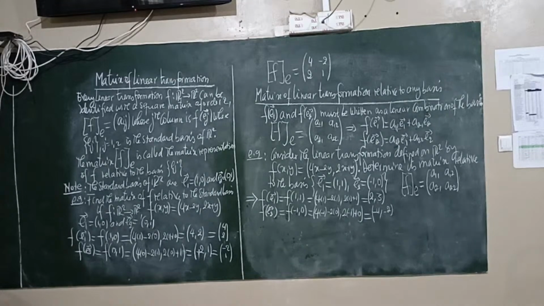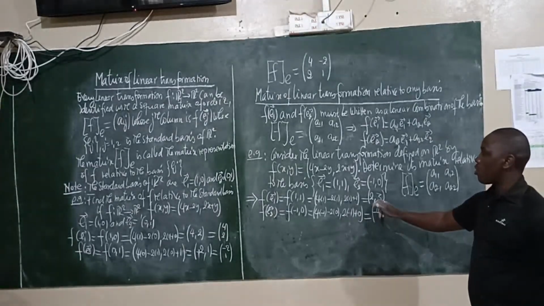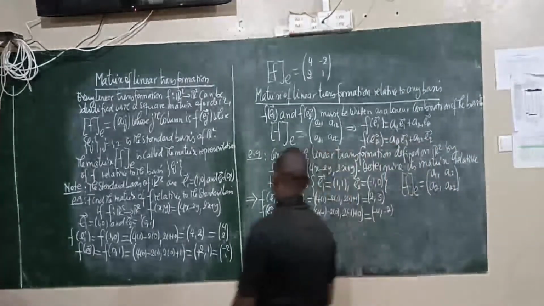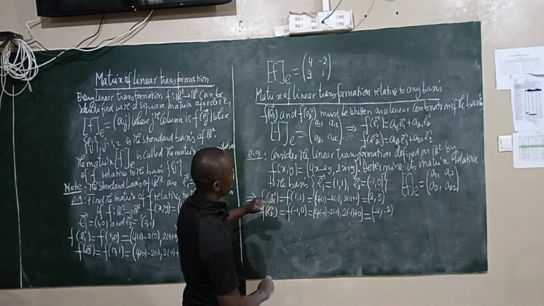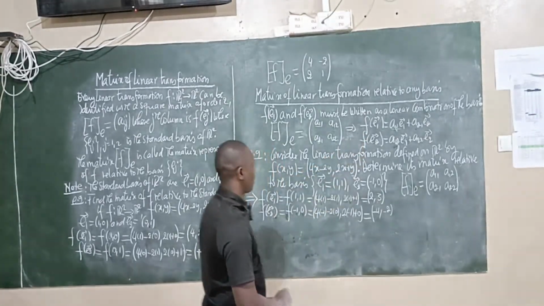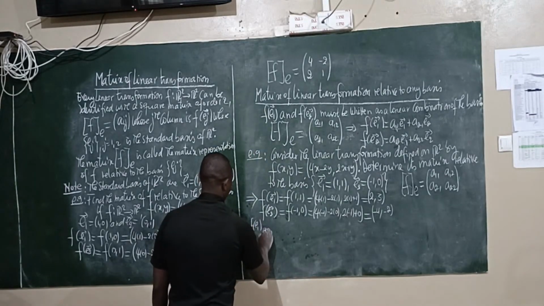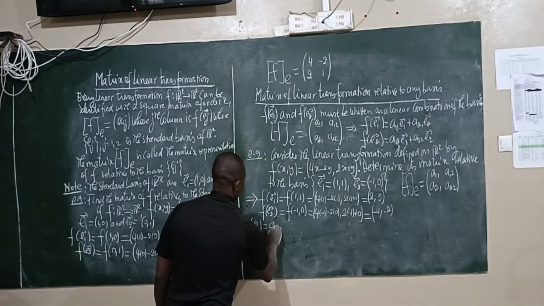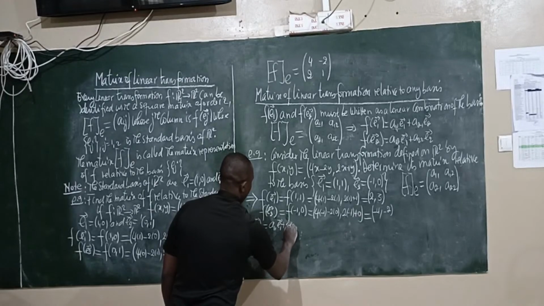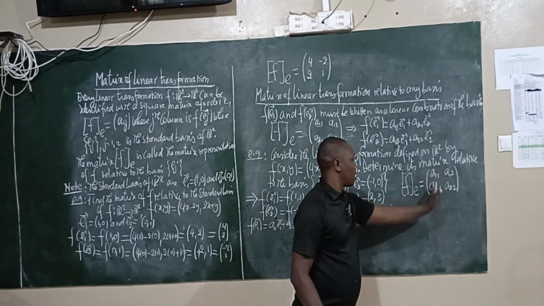Now, we need to write f of e1 as the linear combination of the bases. Here, we consider this. F of e1 will be a11 e1 plus a21 e2. As I told you, we take this column vector.